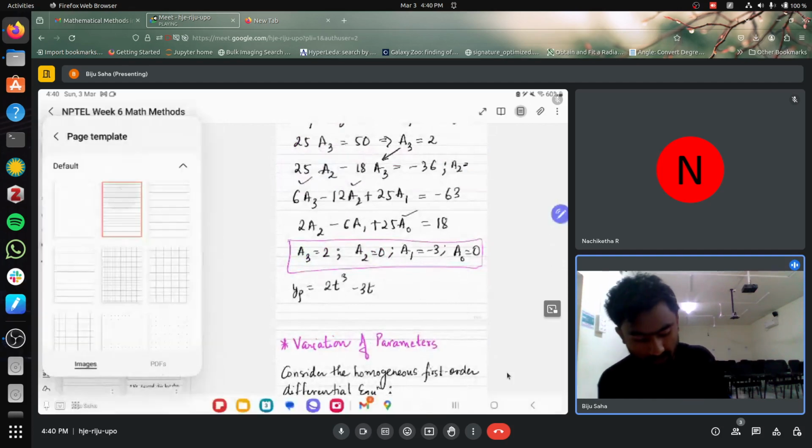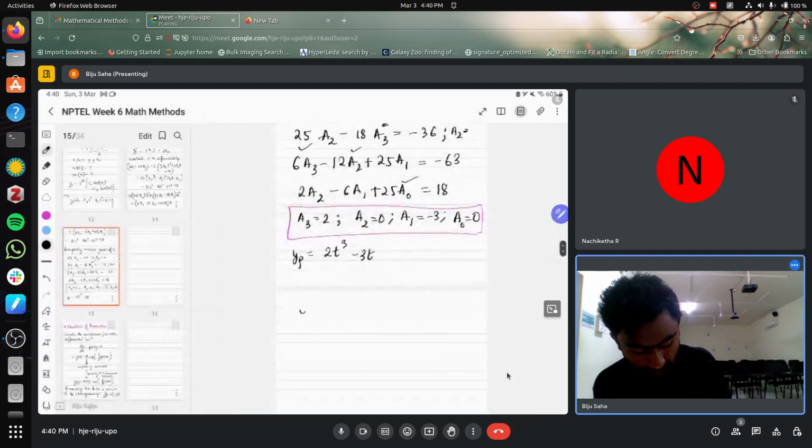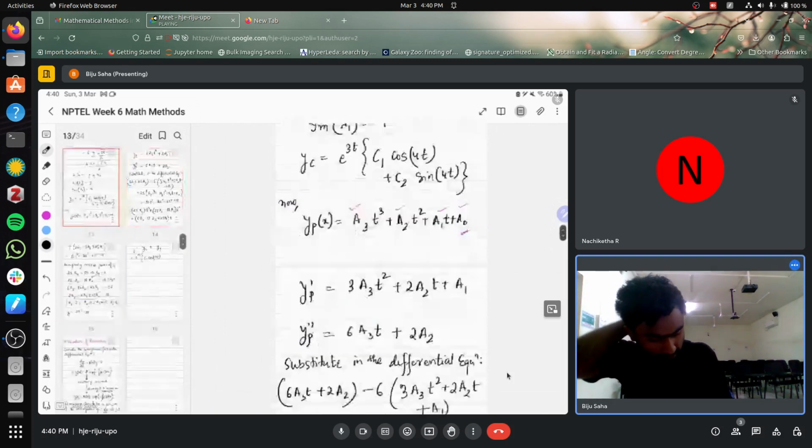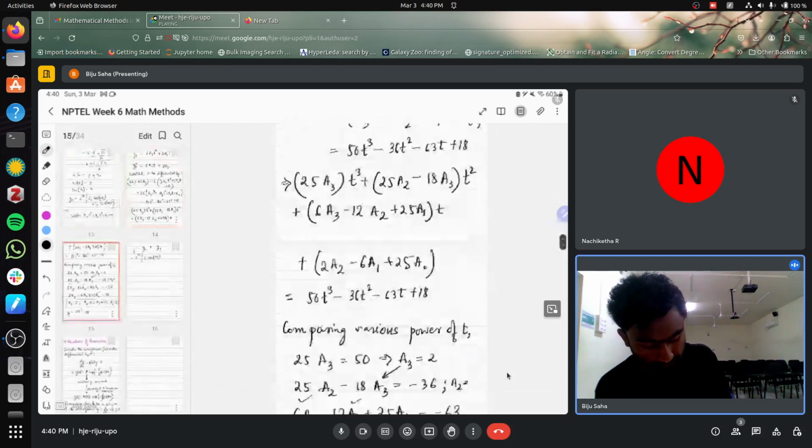My total solution is then the sum of the complementary solution and the particular solution. So the complementary solution was e to the power 3t into c1 of cos 4t and c2 of sin 4t.